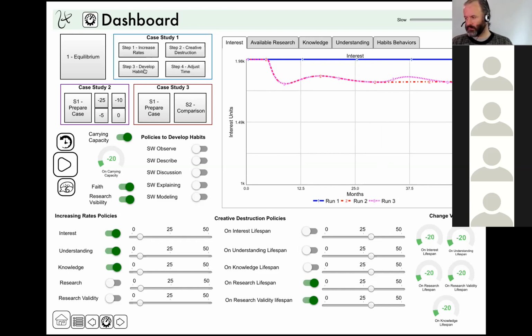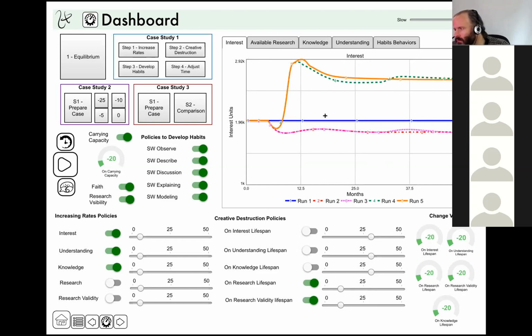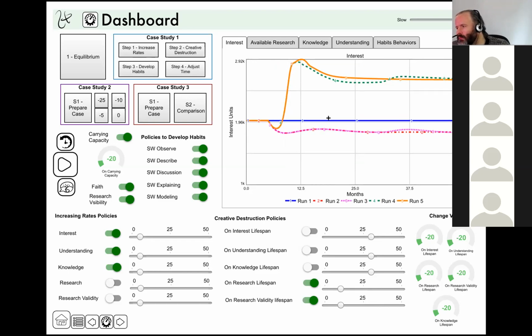Then we go and develop the habits to observe, to describe, to discuss, to explain, to model as a conscious process. And here we have a better tool. And then I'm going just to adjust the time, not to do it at the same moment, but it actually goes earlier. Well, you can paint anything right here, right?